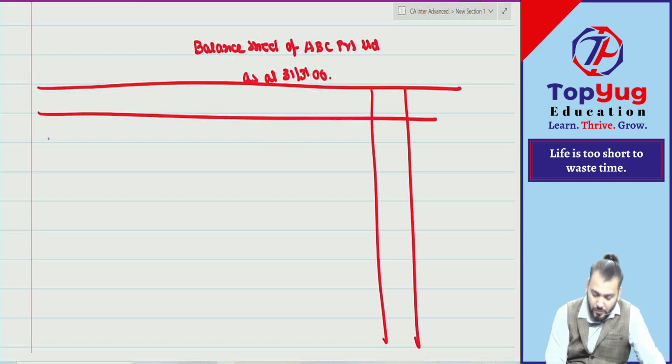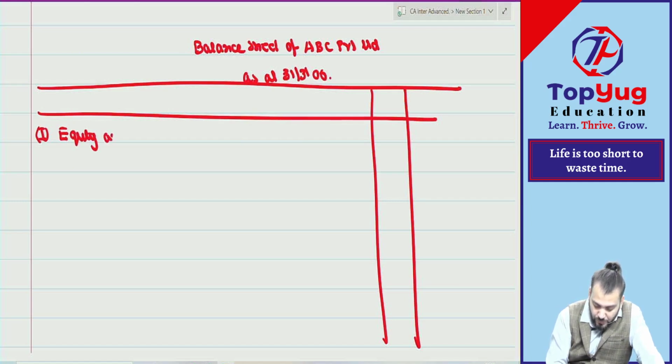Point number 1, what we write? Equity and liabilities. Shareholders' fund.